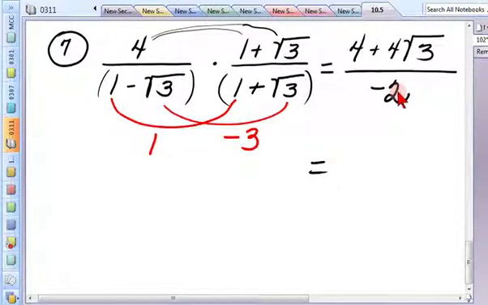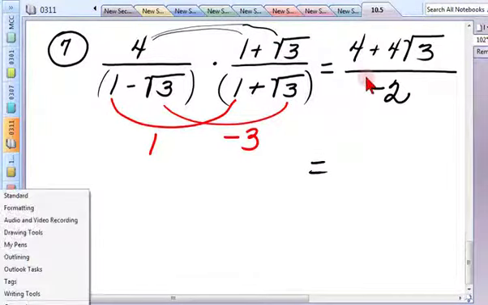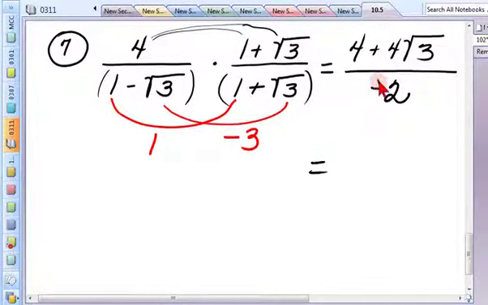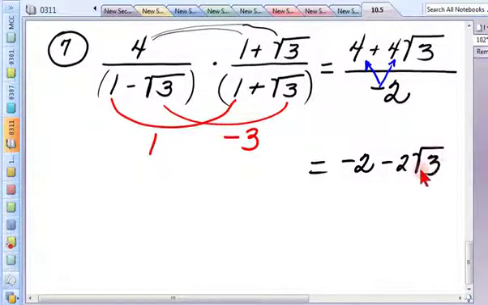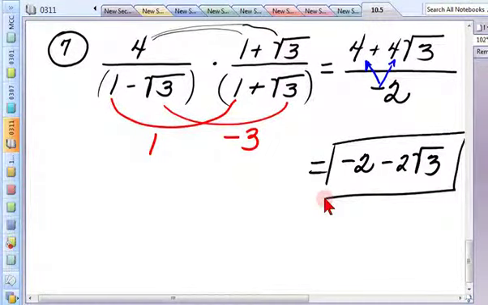Okay, this 2 goes into both that term and that term, which you would have to do to be able to reduce. You can't just do partial. So negative 2 goes into 4, negative 2 times, and there's still a square root of 3. And that's it. I didn't even end up with a fraction this time. But whatever this number is, if there are multiple terms up here, it has to go into all of them.